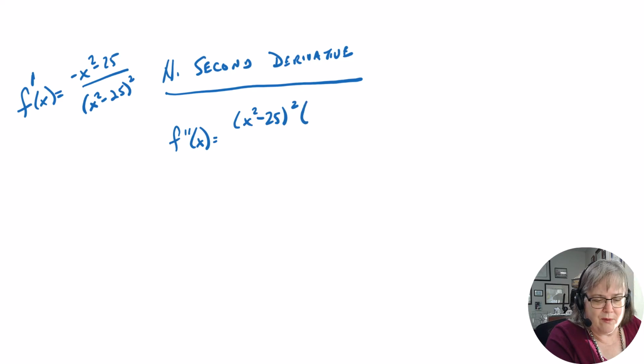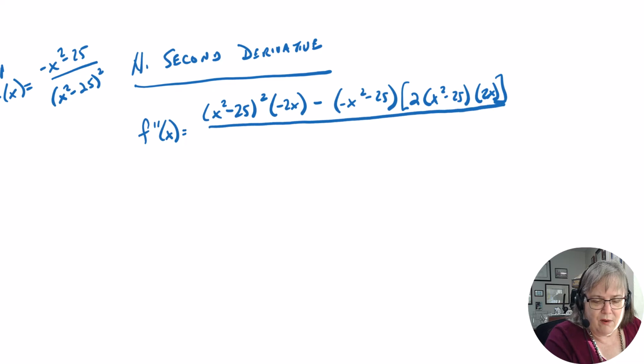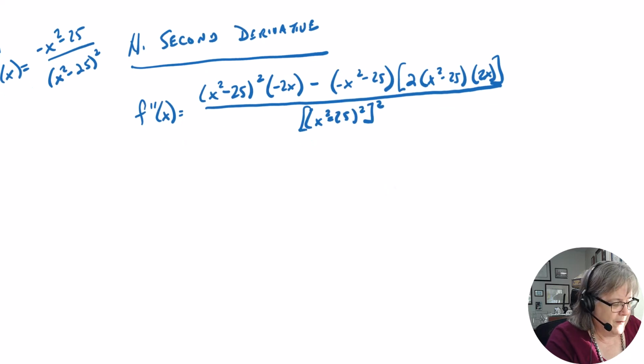The bottom times the derivative of the top minus the top times the derivative of the bottom, which is bring the 2 down, leave the inside alone, take 1 off the power, loop back in and take the derivative of the inside. All of that over the bottom squared again. Because it was squared, now we're going to square it again.